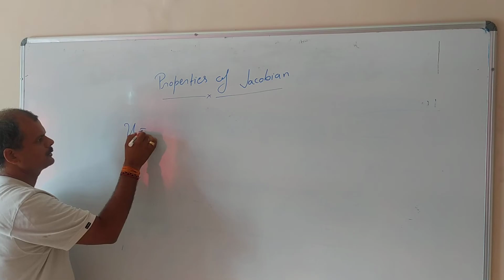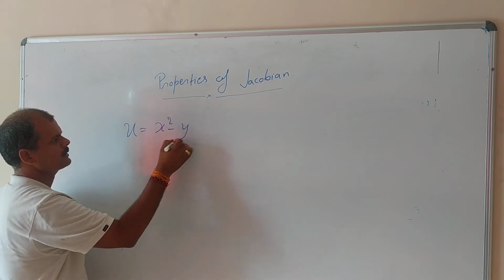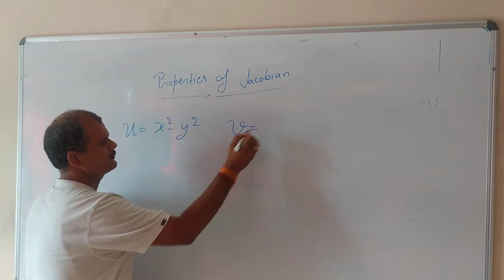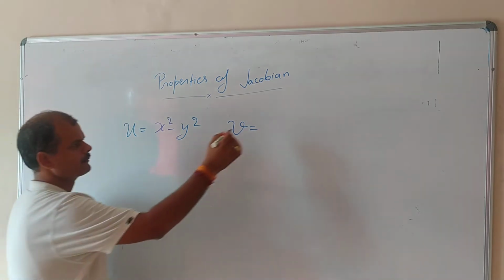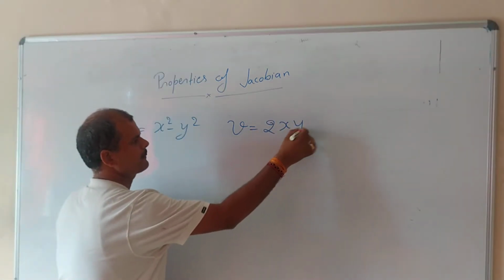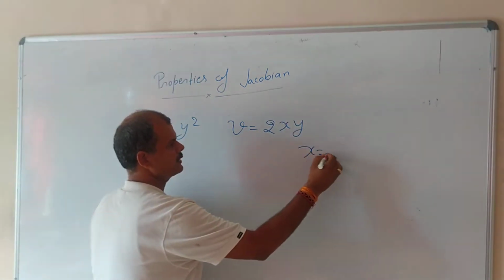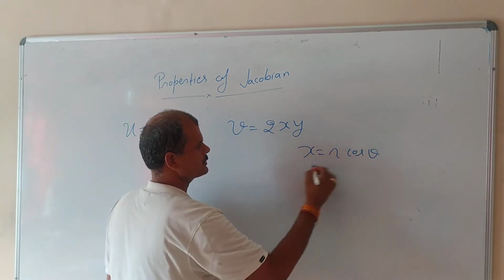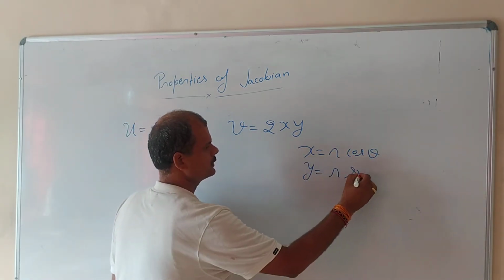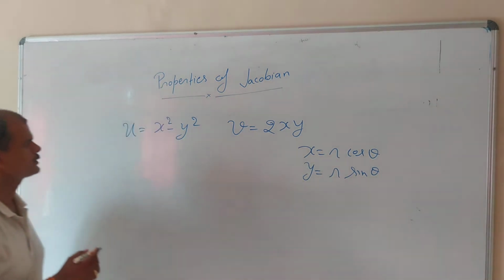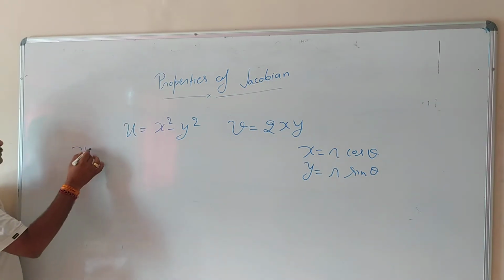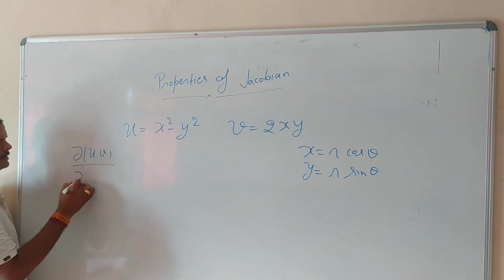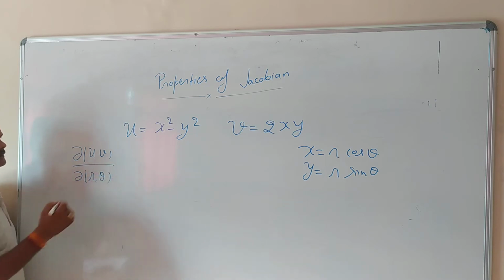So I'll take one problem. Let u equal x square minus y square and v equal 2xy, and x equal r cos theta, y equal r sin theta. So the question is, find the Jacobian of u, v with respect to r comma theta.